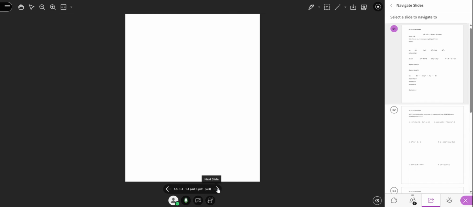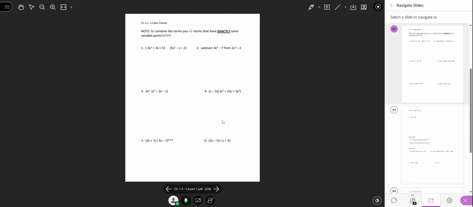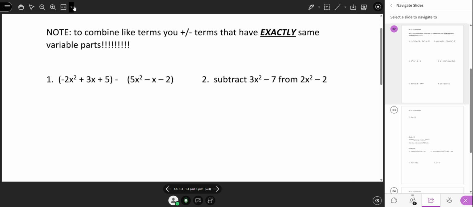Page next. So we got a whole lot of definitions. So to combine like terms, you add or subtract terms that have exactly the same variable parts.